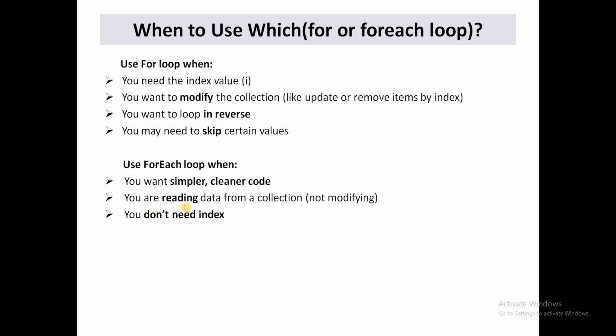Here we can only read the data in a sequence from a collection, like a string of arrays or any kind of list. As I already showed you in the practical example, we do not need to modify data in for each loop, as we just want to iterate the loop in a sequence, like from 1 to 10 or 1 to 5. You do not need indexing in this for each loop.